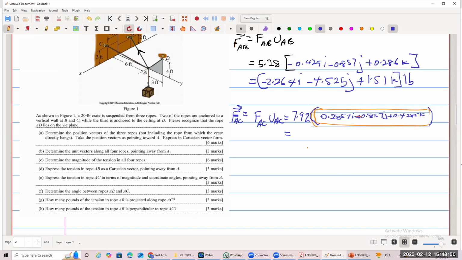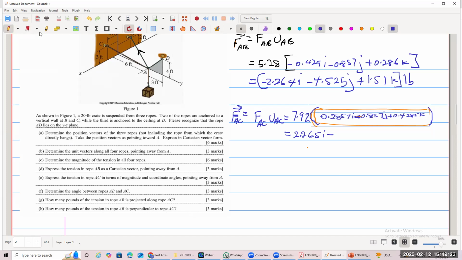This is 2.265, and that's the i component. The next one is minus 6.787.